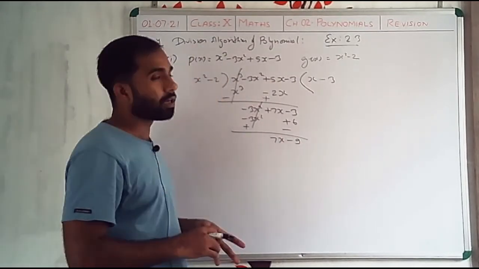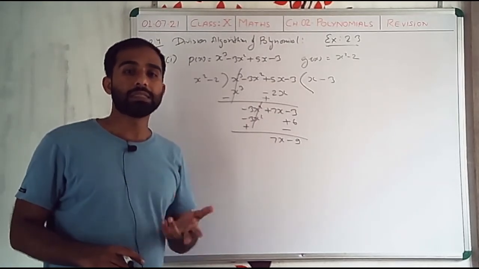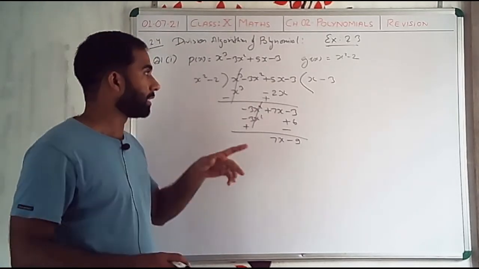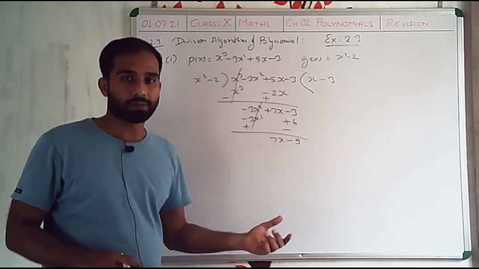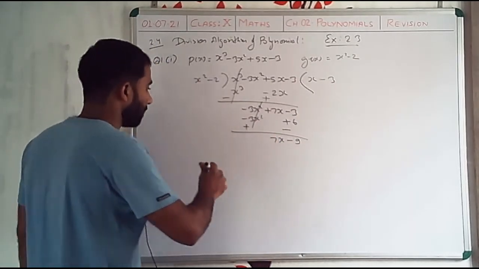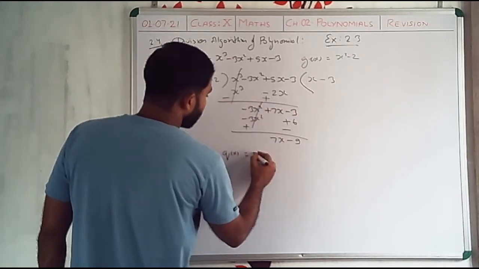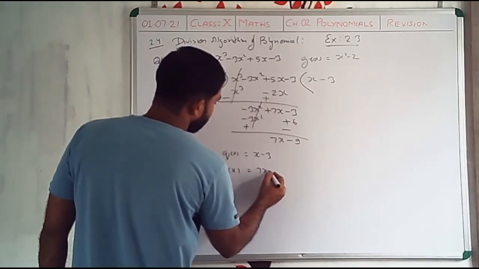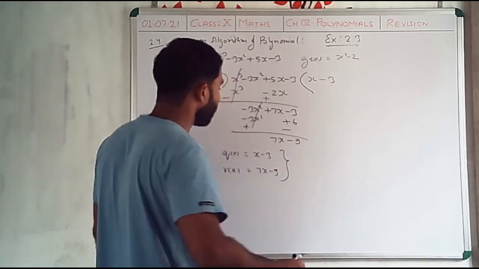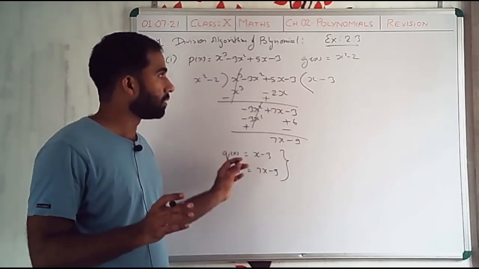Now you can see, if the degree of the remainder is less than the degree of the divisor, then that will be the remainder. So here the quotient is x minus 3 and the remainder is 7x minus 9. I hope all of you understood clearly how we solve this problem.